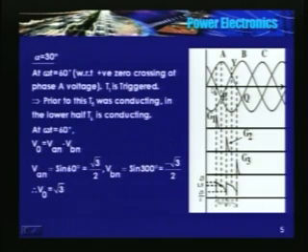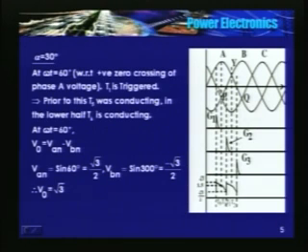I cannot reduce this period beyond this. So alpha equal to 0 is here, and phase A can start conducting only at omega t equal to 30 degrees. Now I am triggering at alpha equal to 30 degrees, that is omega t equal to 60. So phase A is open till omega t equal to pi by 3 radians.